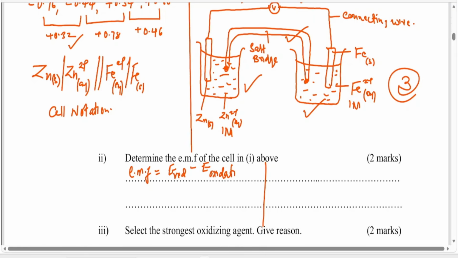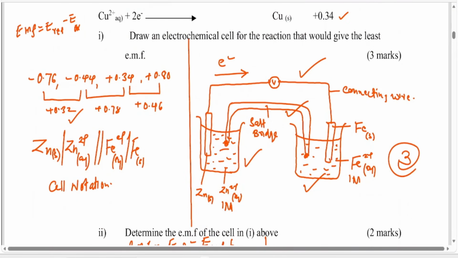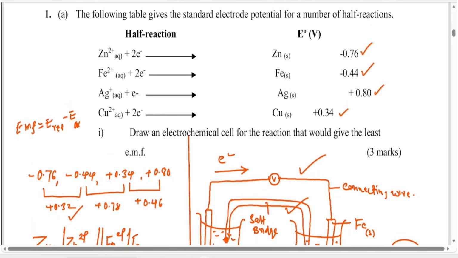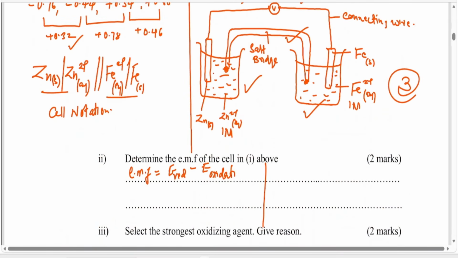What does this mean? I've said that E reduction means the cell that is undergoing a reduction. And the cell that is undergoing reduction between zinc and iron, automatically it is iron 2. Iron 2, when you look at it, it is more positive as compared to zinc. Therefore, it is the one that is going to undergo reduction.